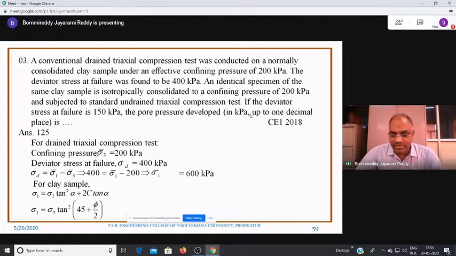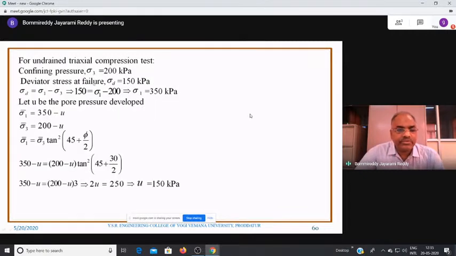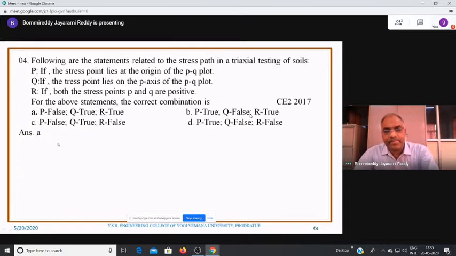Whereas in the second sample, it is not effective, it is only the total sigma 3 and also sigma D. So basing on that, sigma 1 and sigma 3 are known. Now the effective stresses are sigma minus U. Substitute these values in the equation and get the unknown pore pressure in the soil.